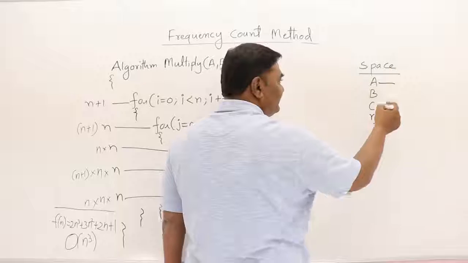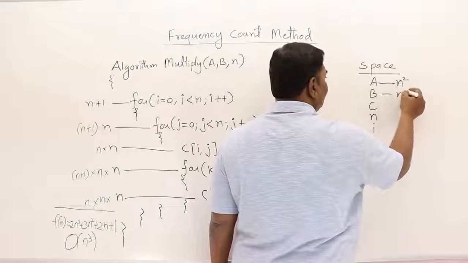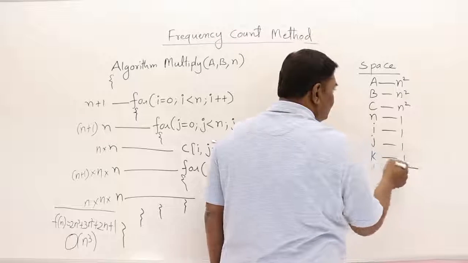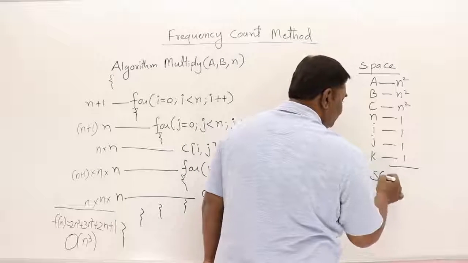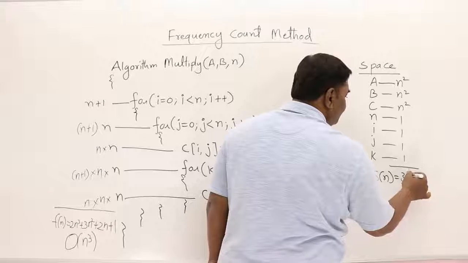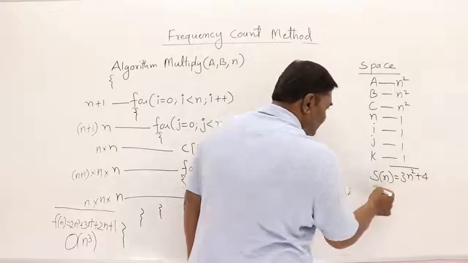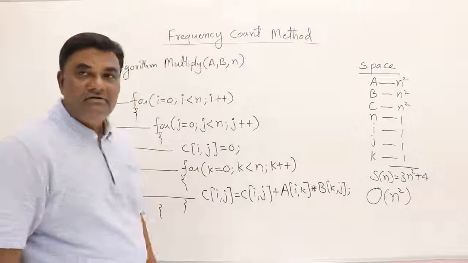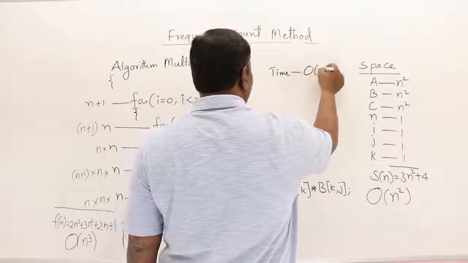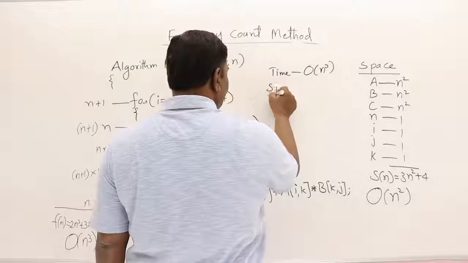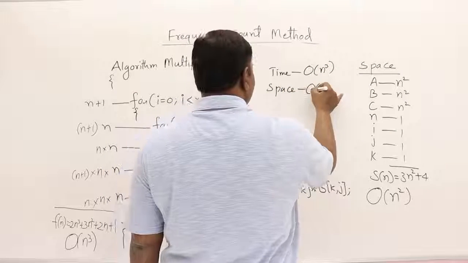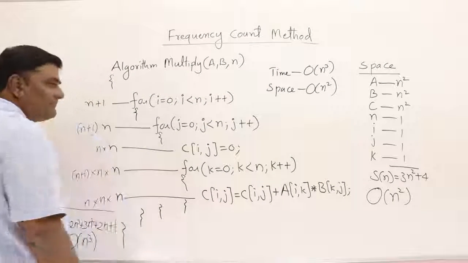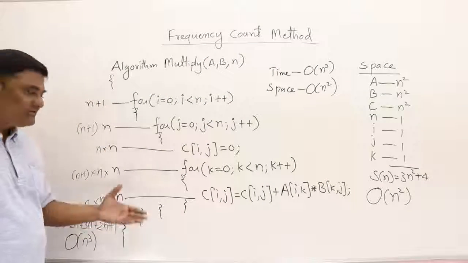These are matrices, so n square, n square, n square, and all these others are 1 each. So space is 3n square plus 4, which is order of n square. Time is order of n cube. Space is order of n square. You can have a look at this whole thing.